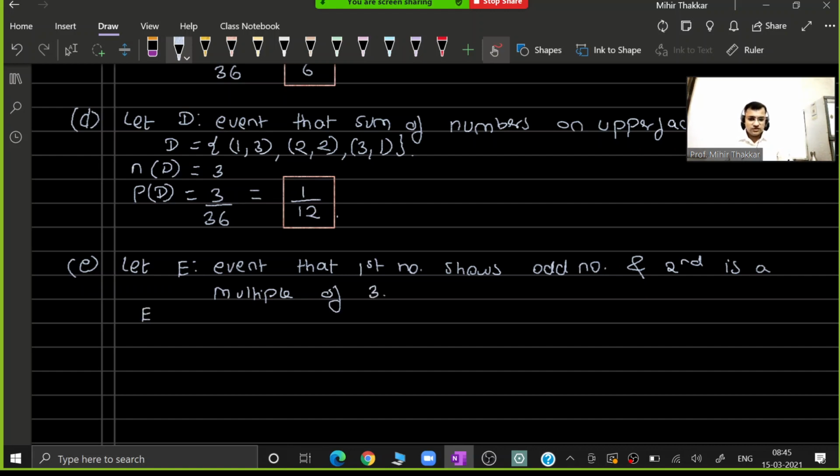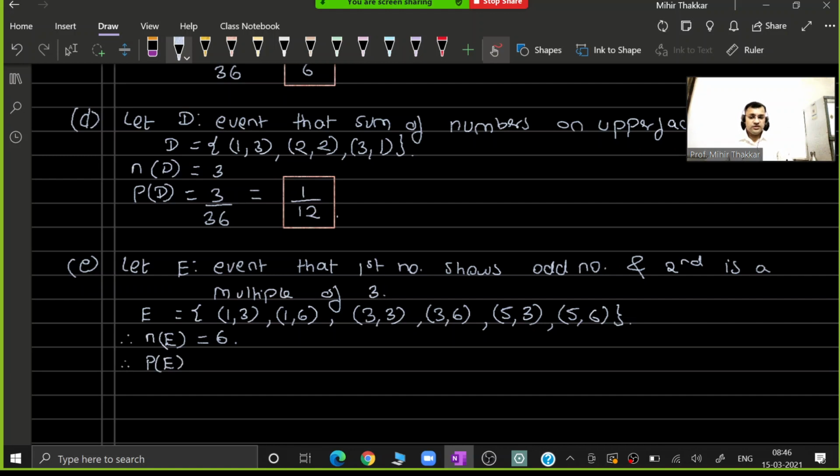So as we discussed, the outcomes in the event E are 1 comma 3, 1 comma 6, 3 comma 3, 3 comma 6, 5 comma 3 and 5 comma 6. Therefore, it is clear that there are 6 outcomes in this case. So I can say that P of E comes out to be equal to 6 upon 36, which you can obviously write as 1 by 6.